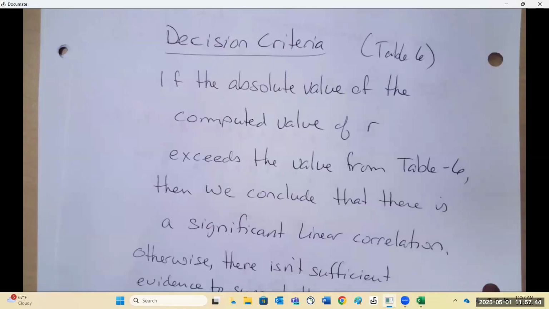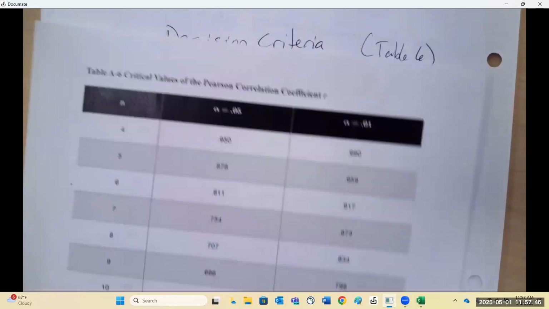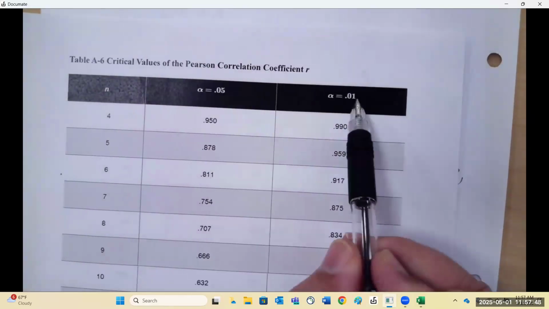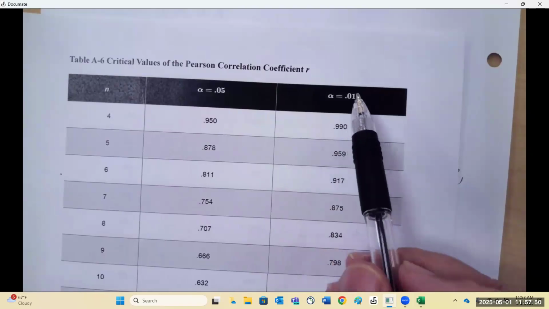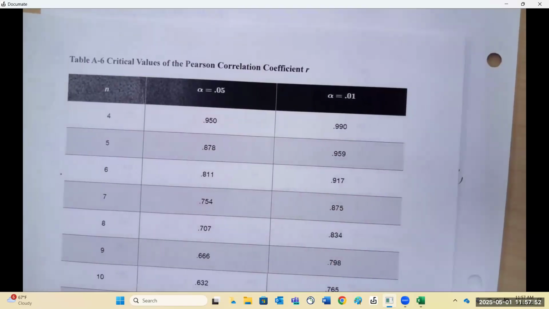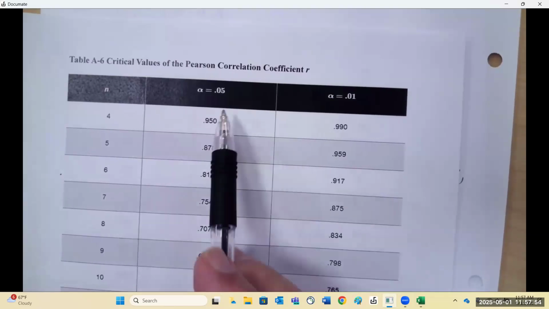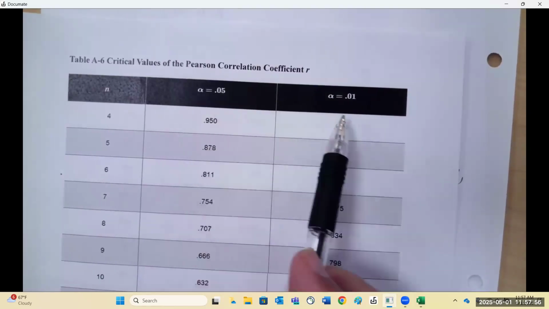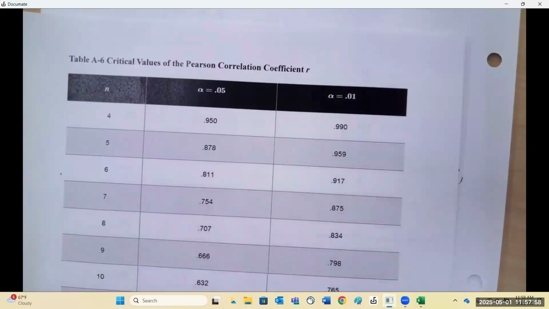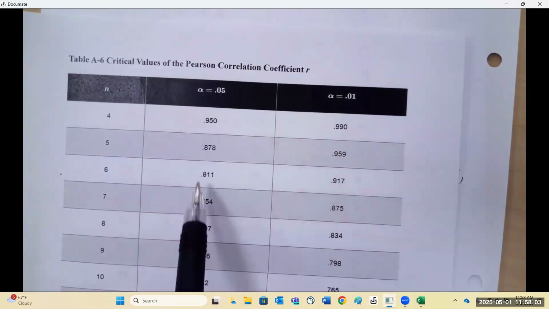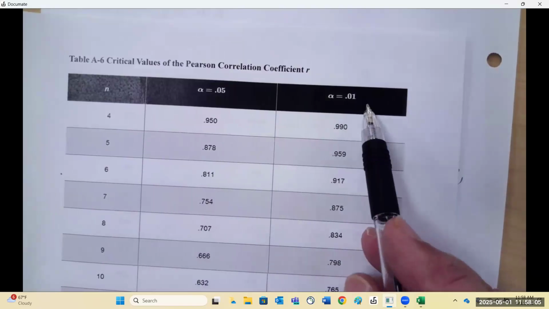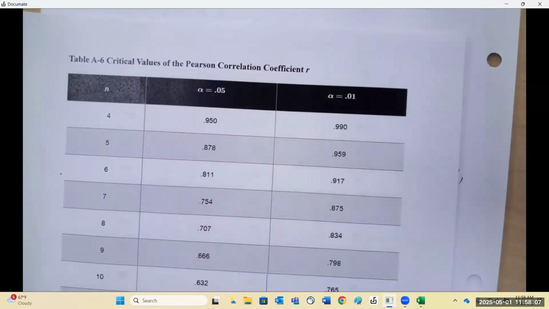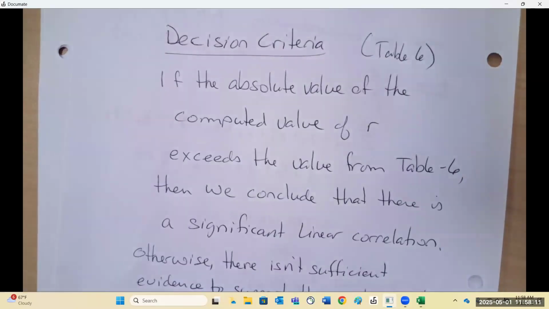And notice that in table 6, it has whether it's 0.05 or 0.01. Again, this is the non-exactness of the science. There is no way to know which one you have to use. You can use whatever you want. If yours succeeds in this one and you want to try this, that means it's even more significant because you're at 0.99.